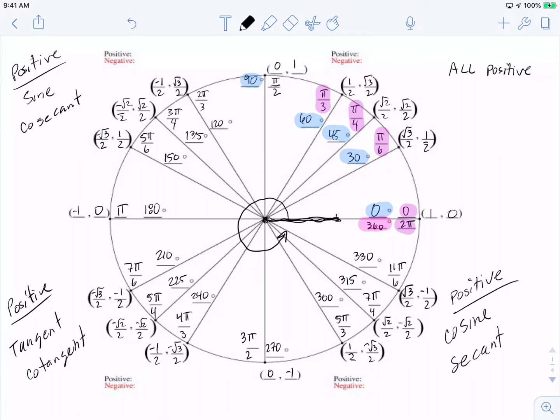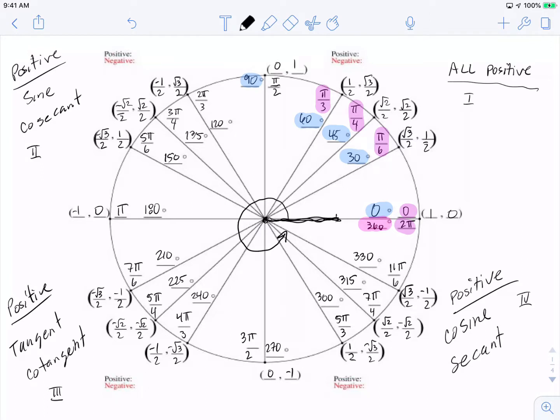Something else that's important is that in the first quadrant, all of the trigonometric functions are positive. So this is for quadrant 1. In quadrant 2, sine and cosecant are positive. In quadrant 3, it's tangent and cotangent. And in quadrant 4, it's cosine and secant.